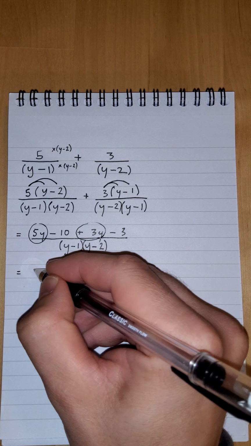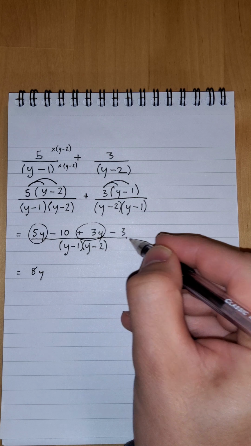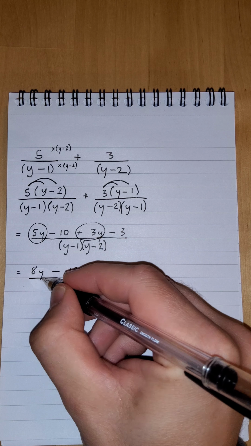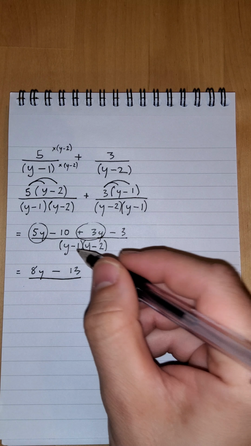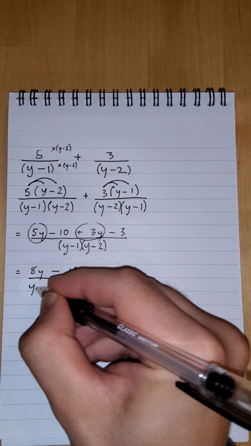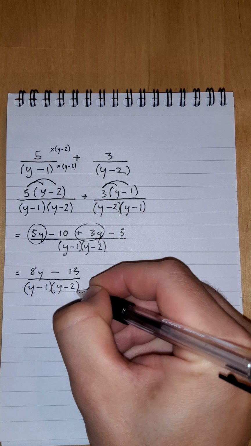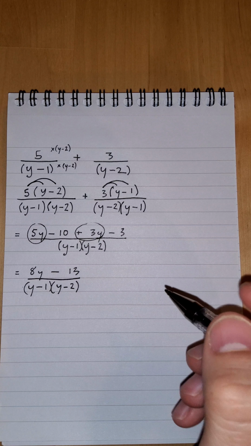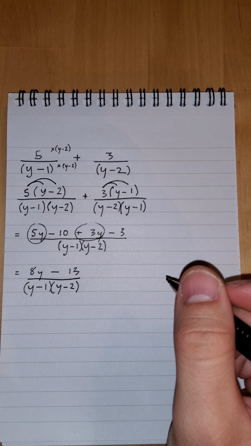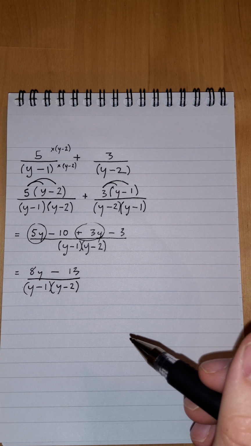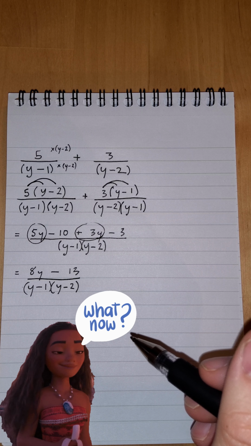In this case, we have 8y and negative 13, and then we're going to put that all over our denominator, and you're hoping it will cancel, but unfortunately that's it. When these fractions get more complicated, you will get used to it. They just look complicated, and that's done.